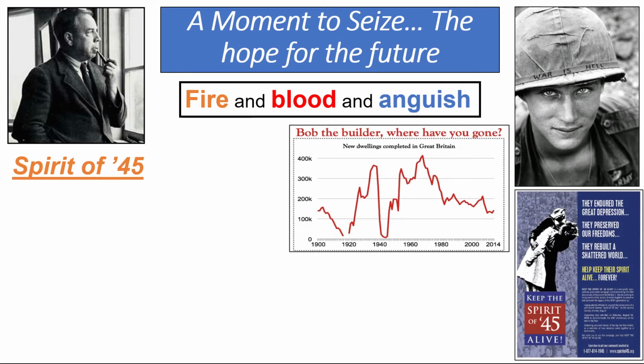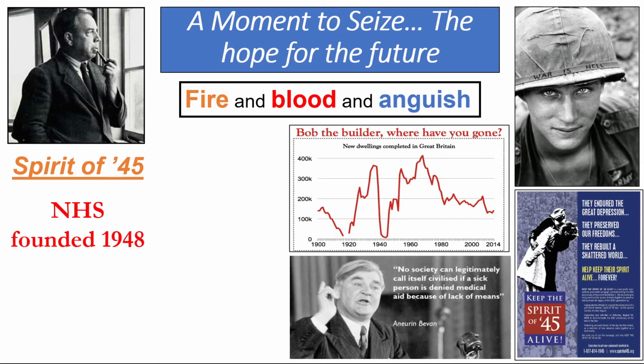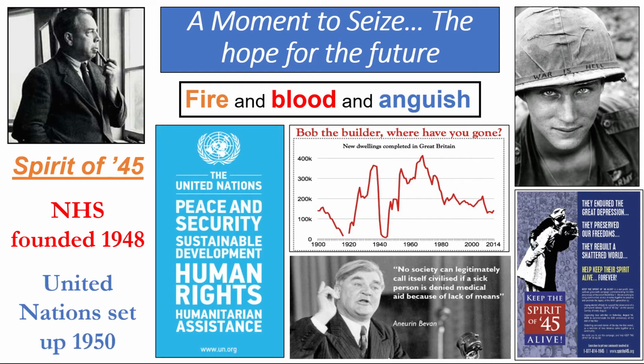And so Sheila's a symbol of the spirit of '45, as it was described, where they did some extraordinary things with a broken economy and with many men and women dead, and families broken too. In 1948, they still managed to build the NHS, and in 1950, Britain is part of the United Nations being set up, UN buildings in London and so on.